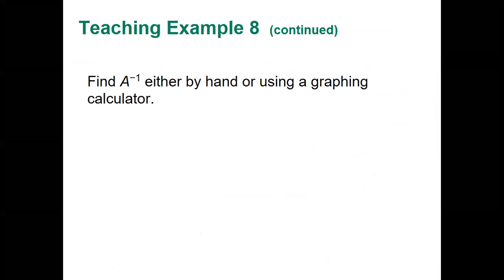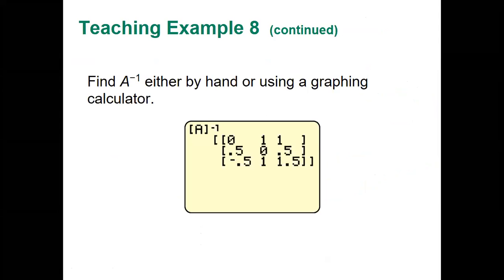So we're going to find the inverse of A. If you do it in the calculator, it's pretty straightforward. Here's your inverse of A. Bam. Any questions about putting it in the calculator? Create the matrix and you put it to the power of -1, and it will do it for you.